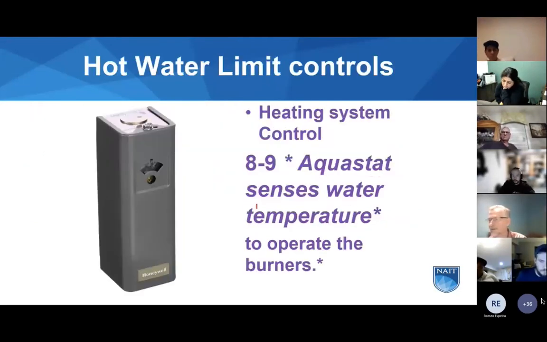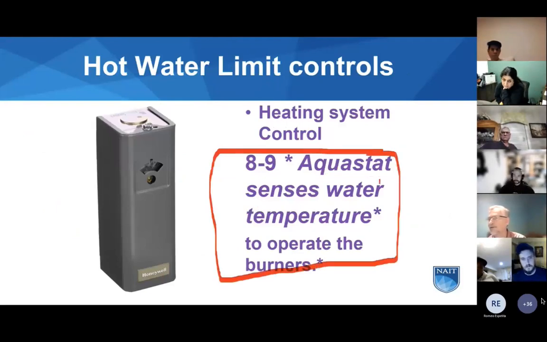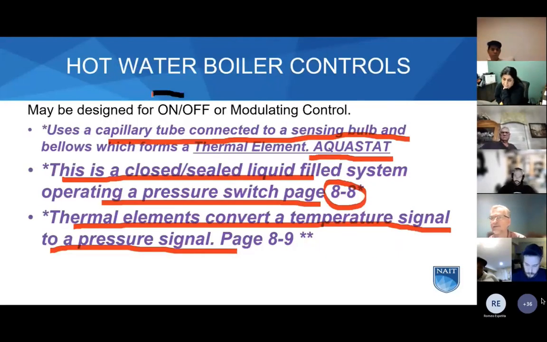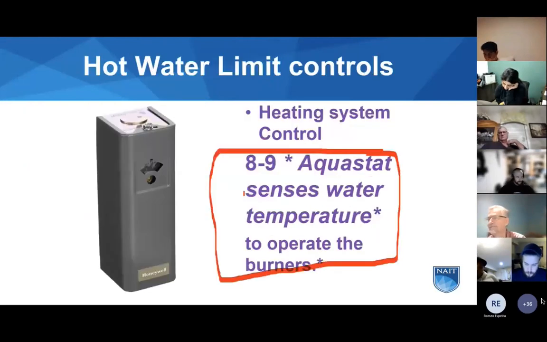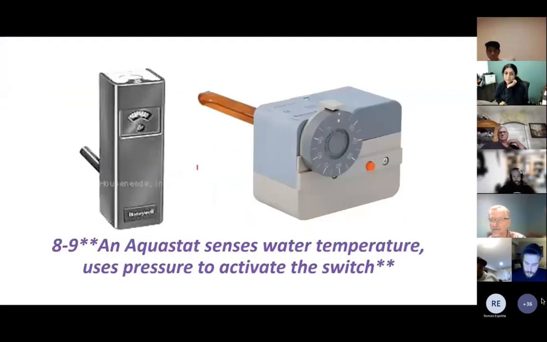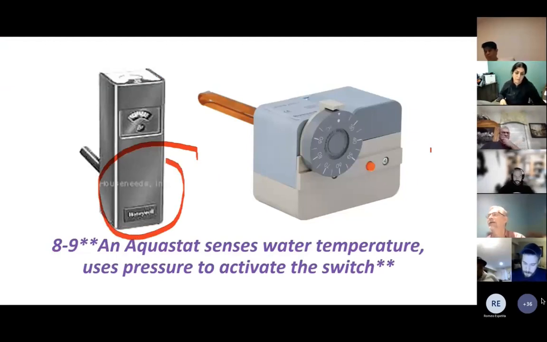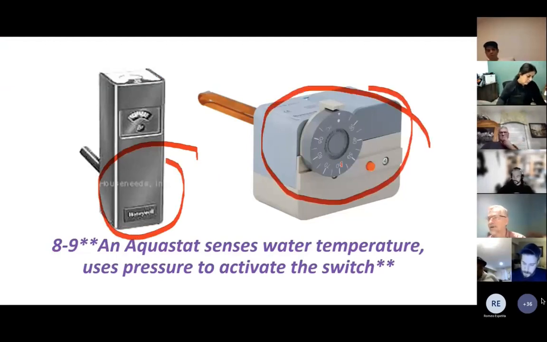And here's that Aquastat. It senses water temperature to turn the burners off and on. And I think it says here it can be on-off or modulating. All right. There's the Honeywell Aquastat, and then other brands are on the market now.